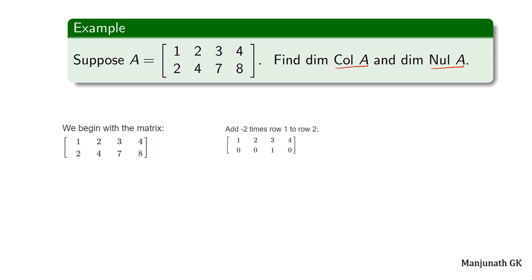For that, minus 2 times r1 plus r2, that gives r2 here. Do this operation. What happens here? Multiply minus 2 to the first row and add it to the second row.